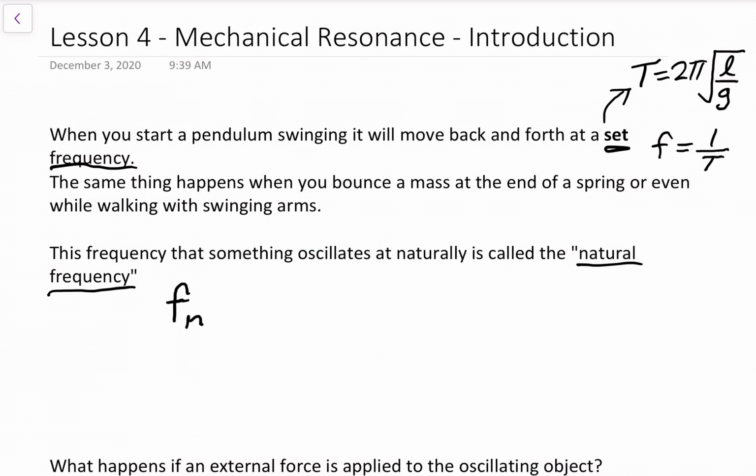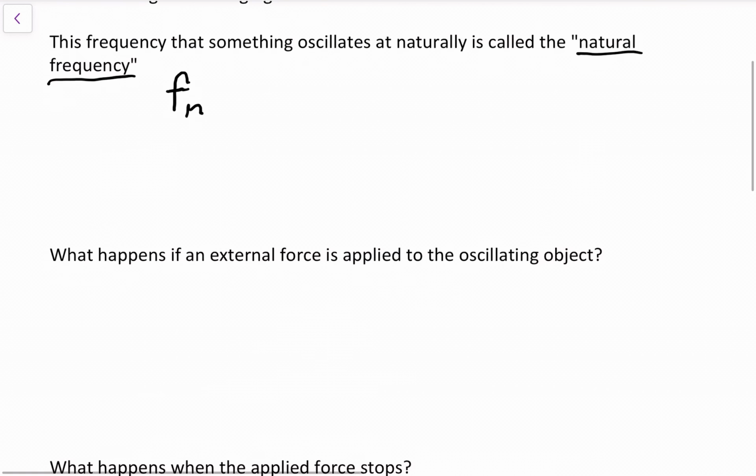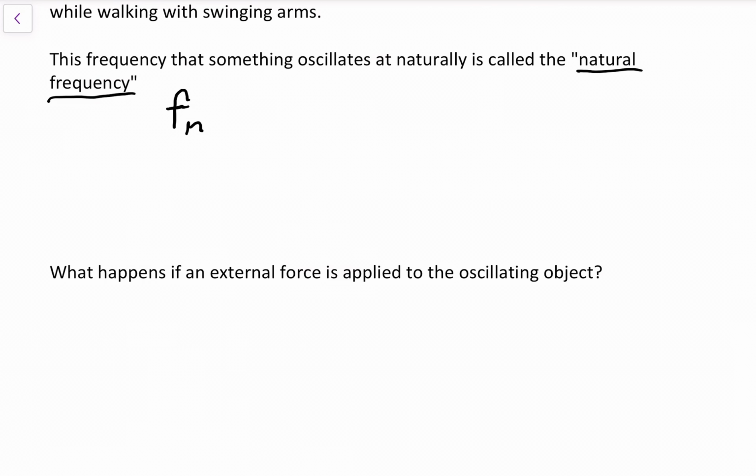But of course, it's not always the case that you would just start something moving, walk away, and never touch it again. So quite often what happens is that you are going to be applying an external force to the oscillating object. For example, pushing somebody on a swing.